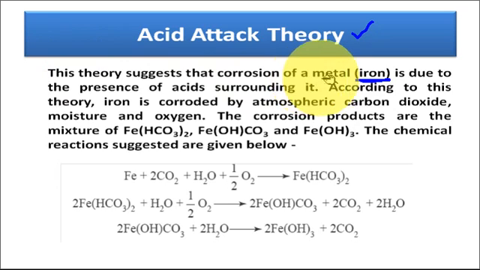This theory basically considered the iron metal. It suggests that the corrosion of iron is due to the presence of acids surrounding it. And how are these acids in its surrounding?